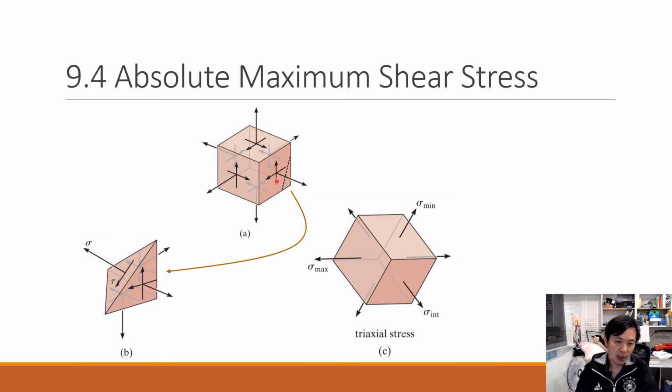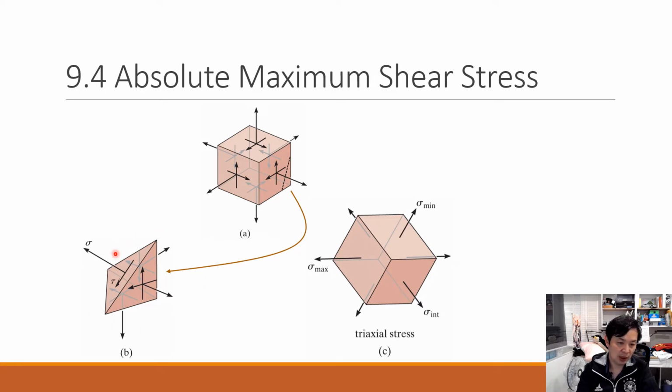Under this condition, if you try to find the principal stress and the maximum shear stress, first of all, we can follow this concept. We cut a corner of this element, just like this one. We call it a tetrahedron, 四面体.